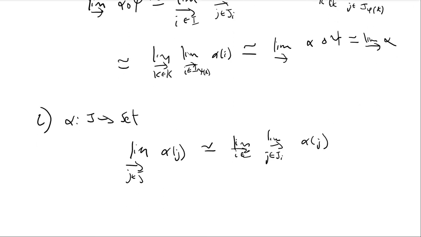But this guy can be further written as the limit over K, limit over j in J_psi(k), alpha of j.